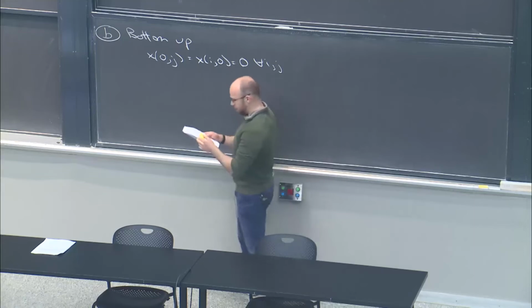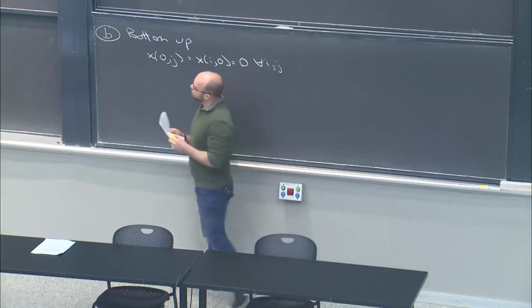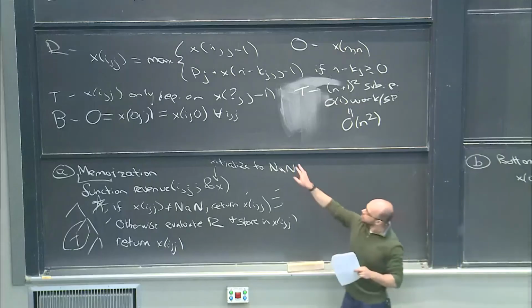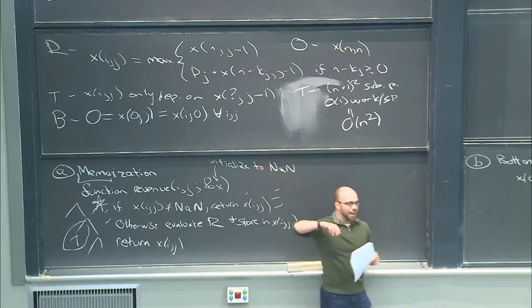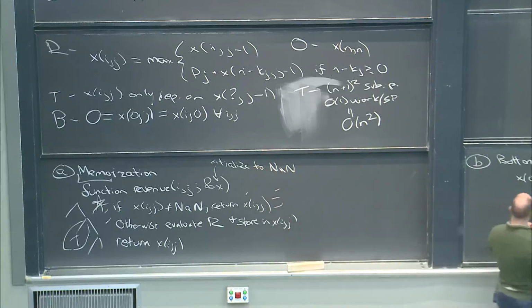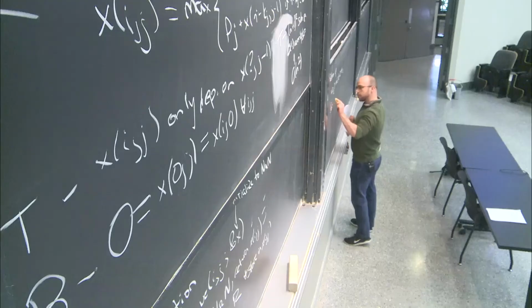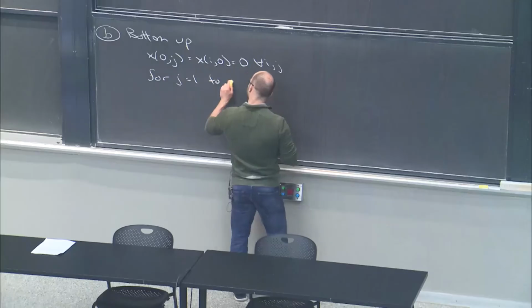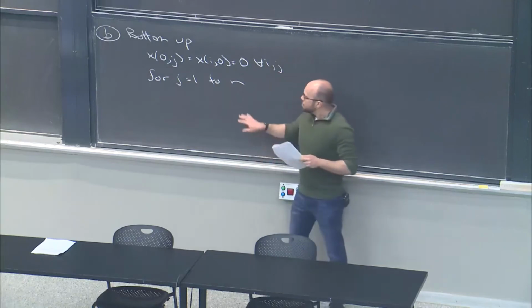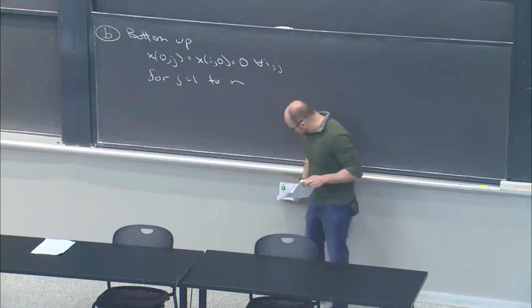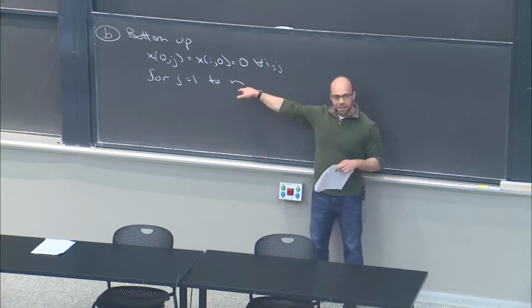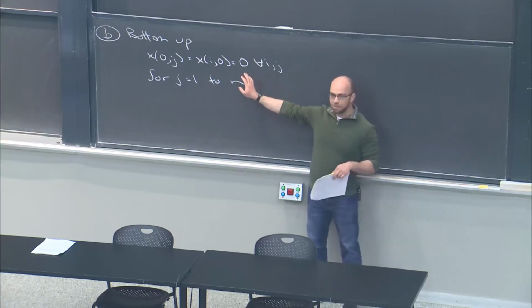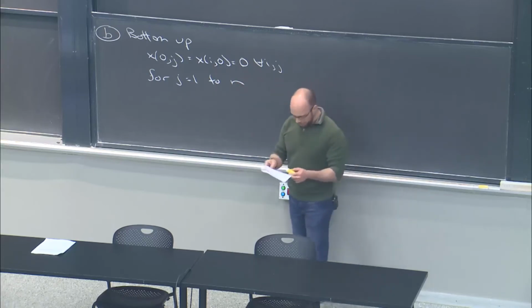Now, if we think about our topological order, xij only depends on previous j's, so it makes sense to have an outer loop over j. Inside of this outer loop, I can compute anything I want in that j column of x, and I'm in good shape because I'm building it up one column at a time.